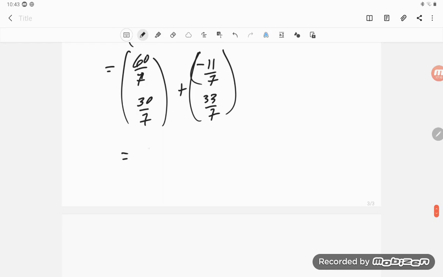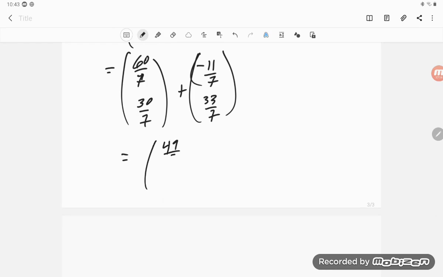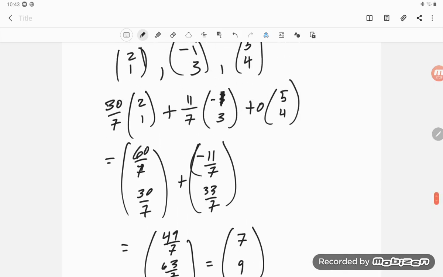And so that is equal to the vector 49 over 7, when I do the addition there, and 30 and 33 is 63 over 7. And sure enough, that gives me 7, 9. And that's what we're supposed to get, right?